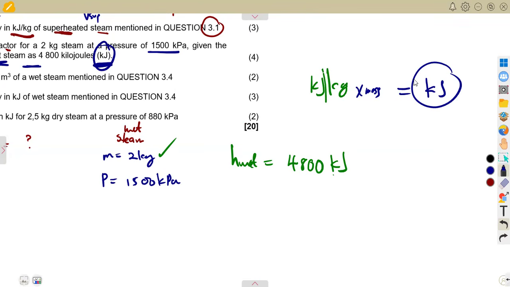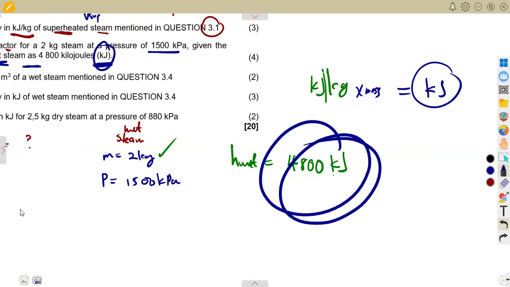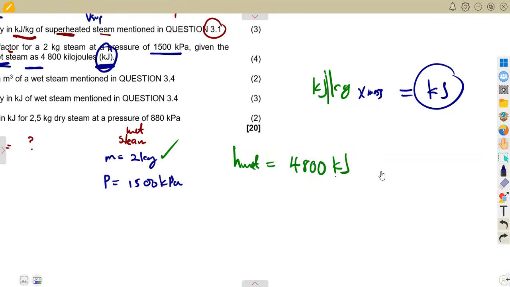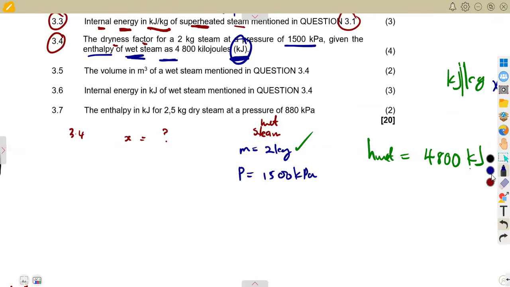So what it means is that we cannot use this to calculate X, because the enthalpy that we know here, H wet, is equal to HF plus XHFG.